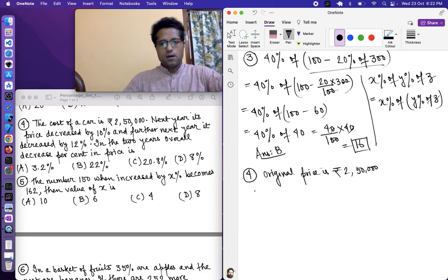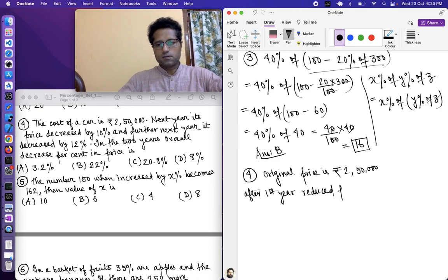After the first year, the reduced price will be equal to, since there was a decrease of 10%, we can say that the reduced price after the first year will be 10% less than the original price.